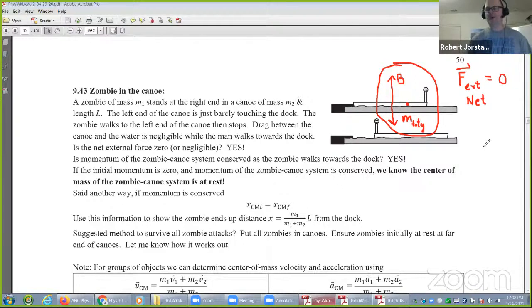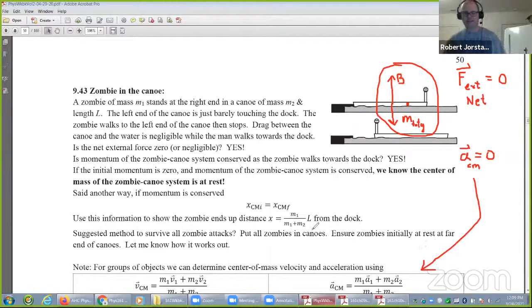If you have no net external force, we could use our relationship that tells us the acceleration should equal 0. Now, in this case, that acceleration is the acceleration of the center of mass.